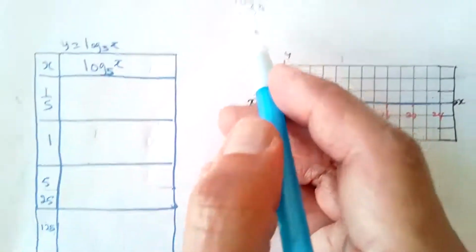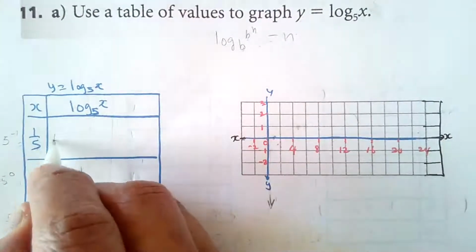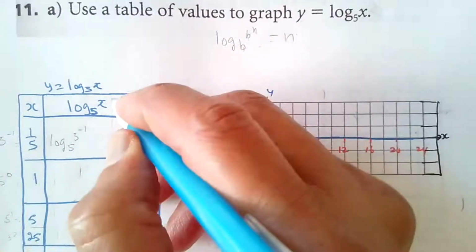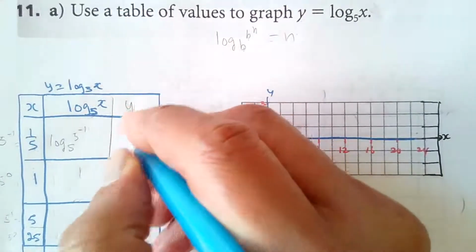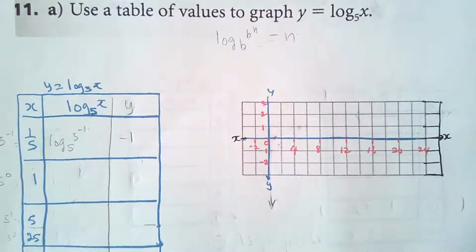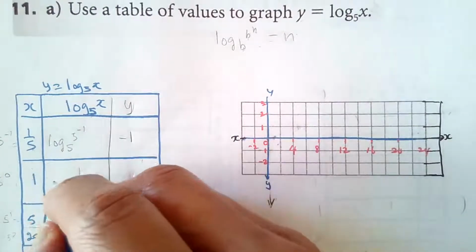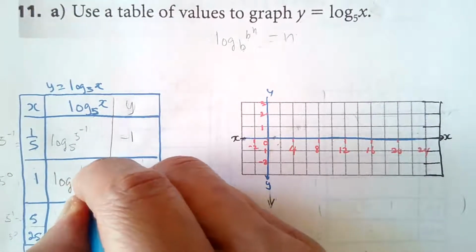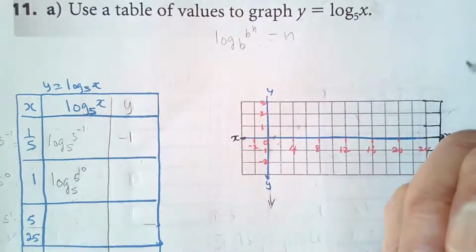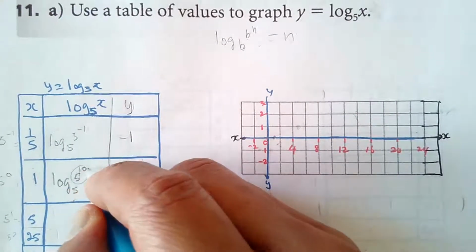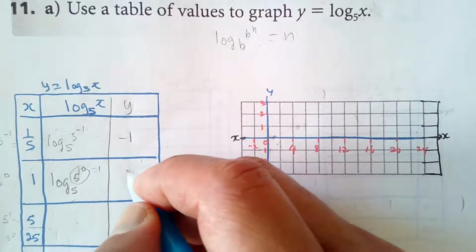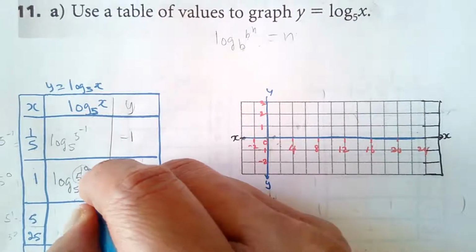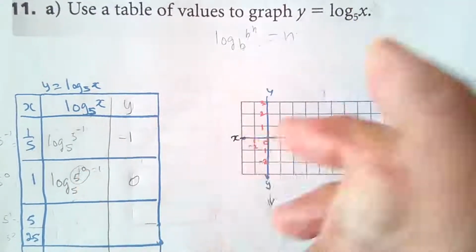So now I'm using this principle here. We have log base 5 of 5 to the negative 1, so that will give me negative 1 as my y value. Then I have log base 5 of 5 to the power of 0, and 5 to the power of 0 is equal to 1, so this becomes 0.